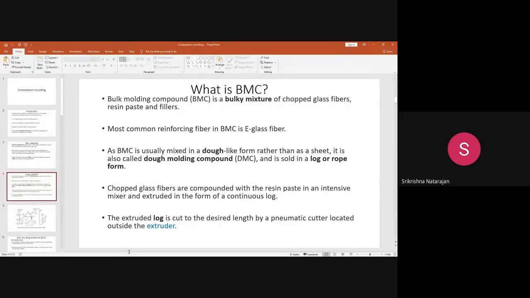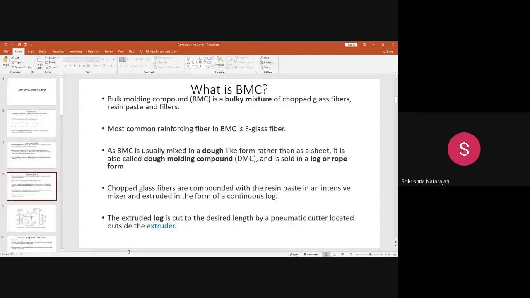The mixture will contain some liquid, milk, water, and some flour. Just like for preparing chapatis, you may have seen in the homes.